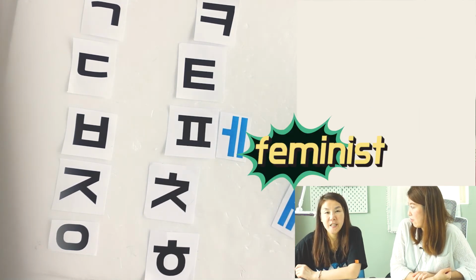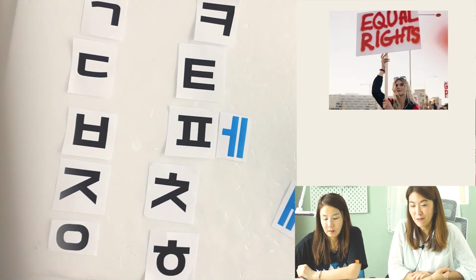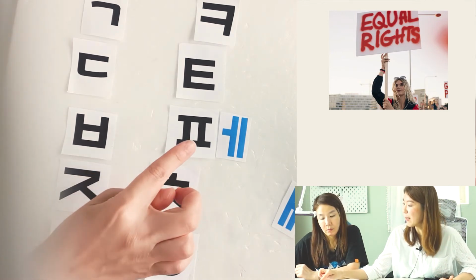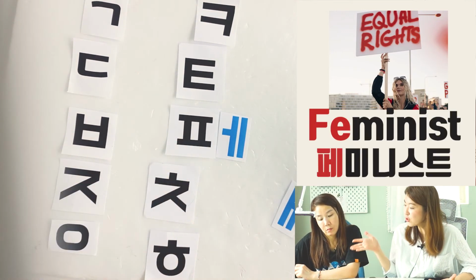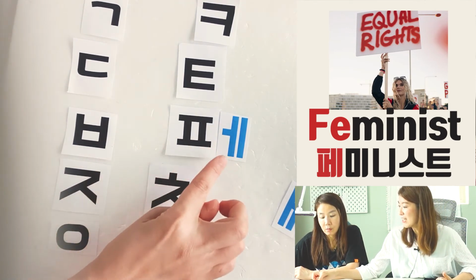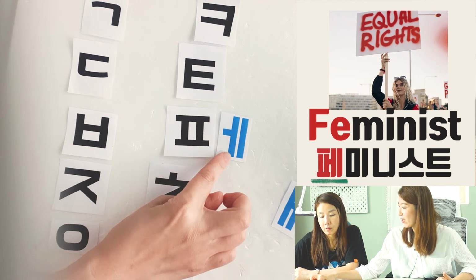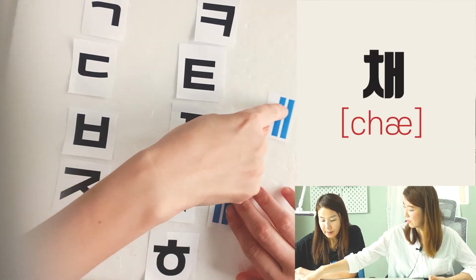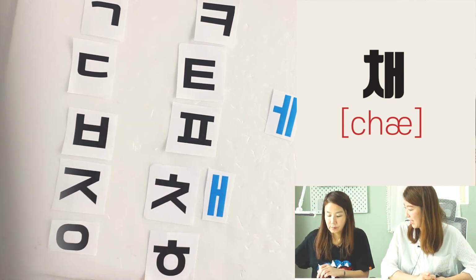Feminist. Like I said before, we don't have any F sound in Korean, so we have to use P for F. So she just mentioned feminist, but we have to write feminist with P. So pe. 네.